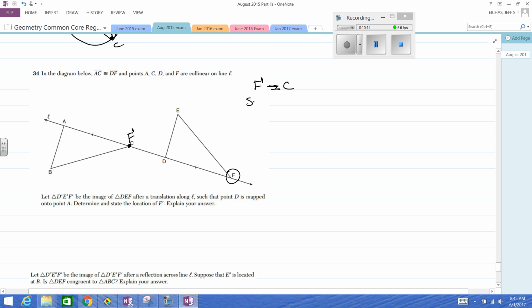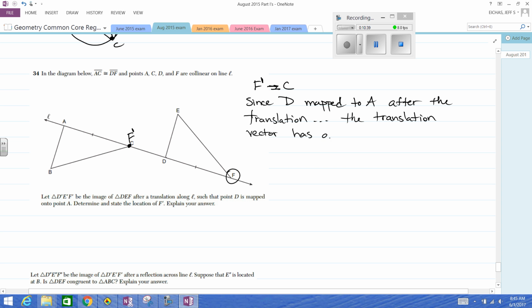Since D mapped to A after the translation, the translation vector has a magnitude or a distance of CD plus CA.